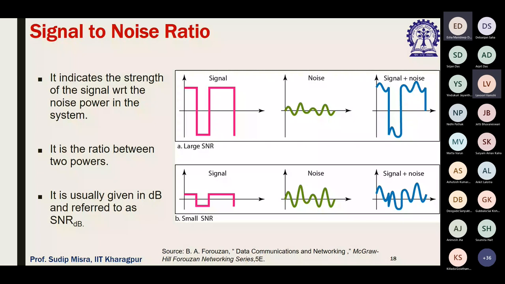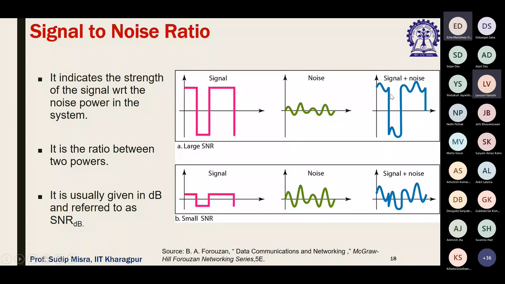SNR, signal to noise ratio, is usually given in decibels and represented like this, SNR dB. Here you see that if you have a noise, this is a signal, and it is affected by this noise.